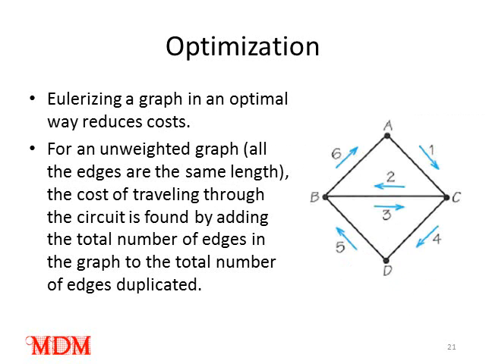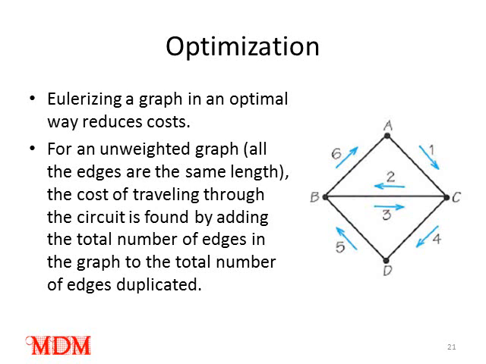Of course, we want to optimize, and Eulerizing a graph in an optimal way will help us reduce costs. For an unweighted graph, that's just assuming that all of the edges are the same length, the cost of traveling through the circuit is found by adding the total number of edges in the graph to the total number of edges duplicated.